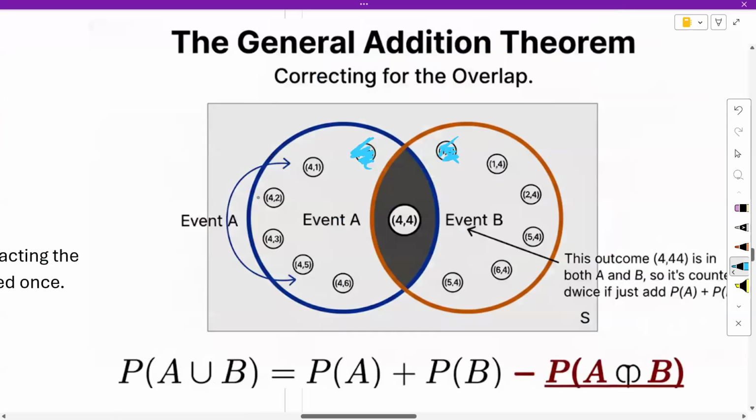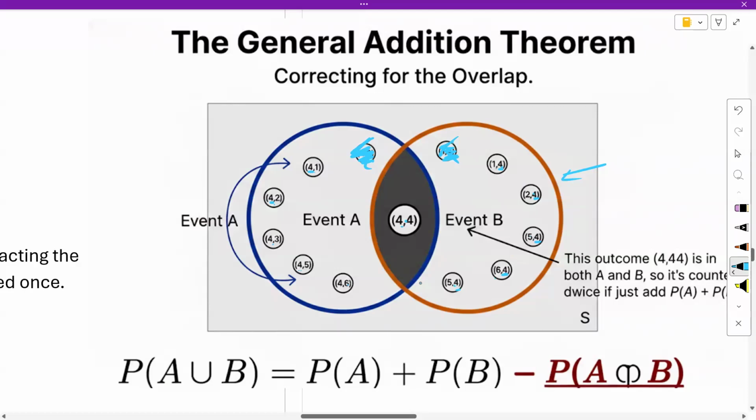If you define event A, in the first row you got 4 comma 1, 4 comma 2, 4 comma 3, 4 comma 5, 4 comma 6, 4 comma 4. And for event B, you get 4 in the second die. Here, how many? 1, 2, 3, up to 11.